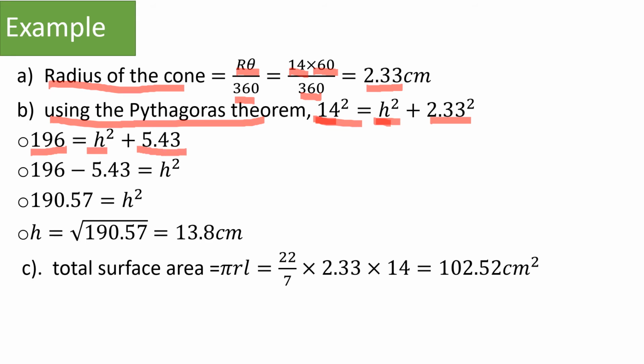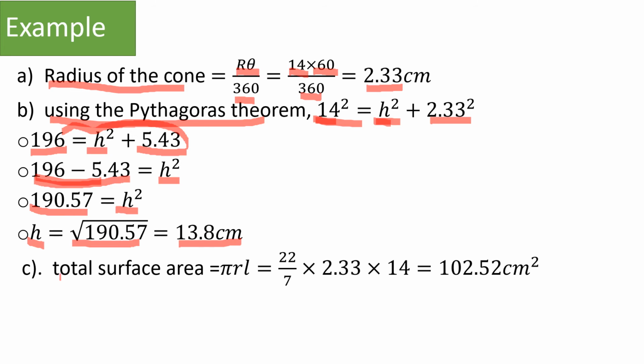Then we group like terms, so the 5.43 will move to the 196. So 196 minus 5.43 is equal to h square. So when you subtract, you get 190.57 is equal to h square. So you find the square root of both sides, you're going to get h is equal to the square root of 190.57. Then we get 13.8 centimeters. So that is the height of the cone formed.